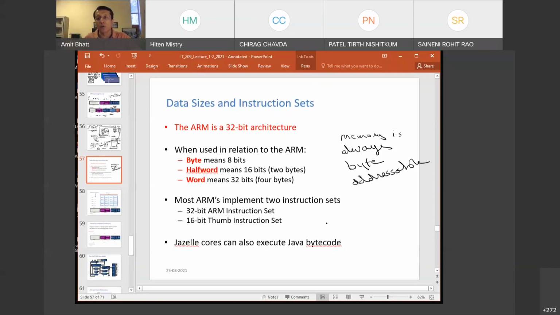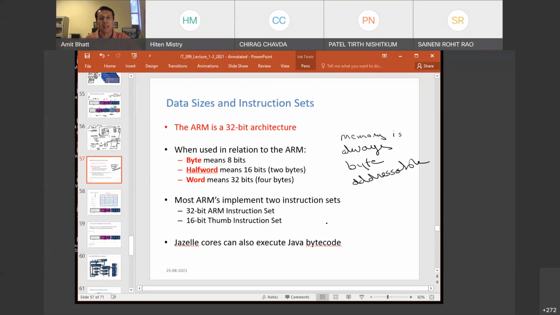We are not going to ask you to program anything in the thumb instruction set. But you need to know that there is something like the thumb instruction set. Even within a program, you can write a part of the program in the ARM instruction set, then you can write the rest of the program in the thumb instruction set. But you need to let the compiler know.